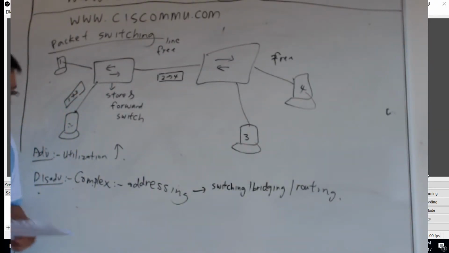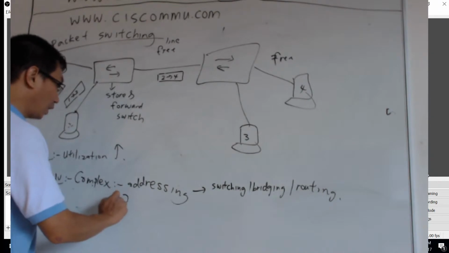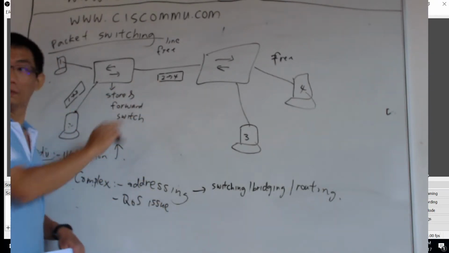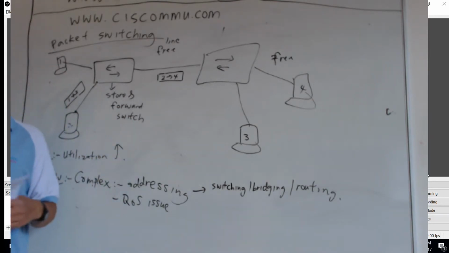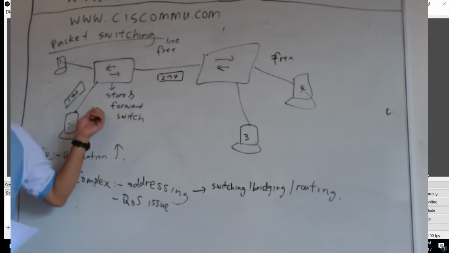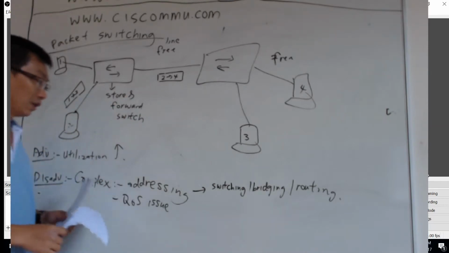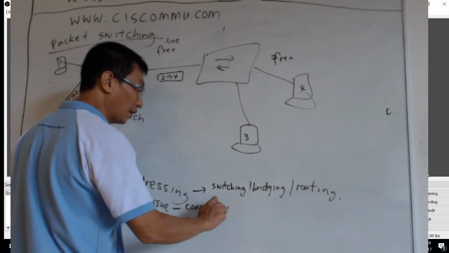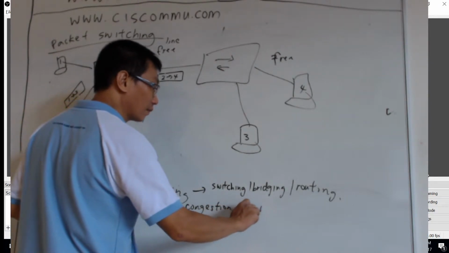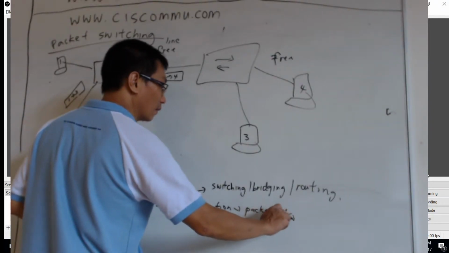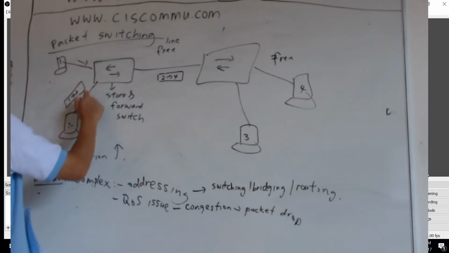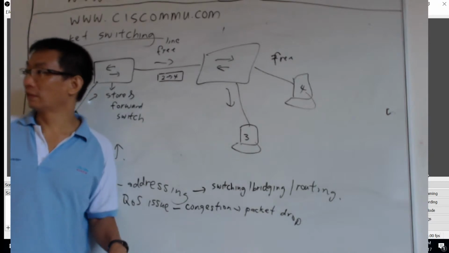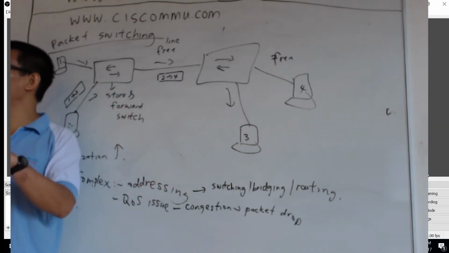Then the second thing is that you have a quality of service issue, because this one is shared by so many people. You will have congestion and packets may drop. Let's say all of them send only to number 3, 100 people sending to one port.